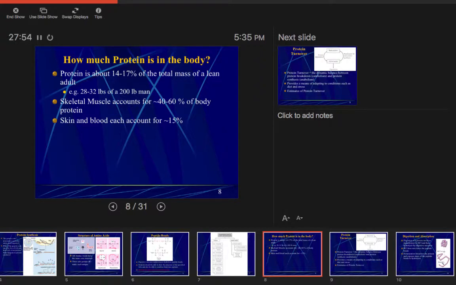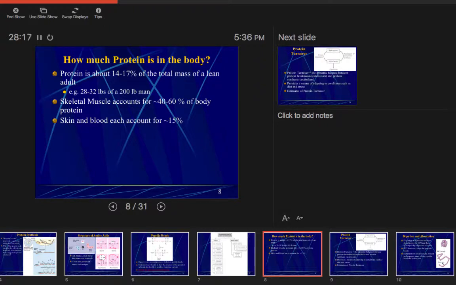So here's another interesting way of looking at this, at least for me anyway. There are 20 amino acids in the body that we use for protein translation. But they're not equally distributed in proteins. In other words, some of those 20 are used a lot more commonly in proteins than others.